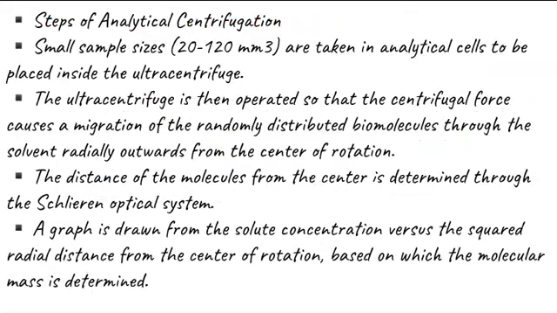The distance of the molecule from the center is determined through the Schlieren optical system. A graph is drawn of the solute concentration versus the squared radial distance from the center of rotation, based on which the molecular mass is determined.